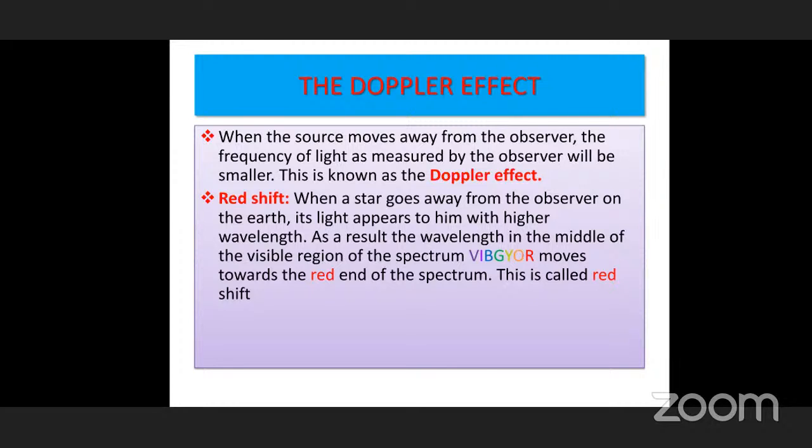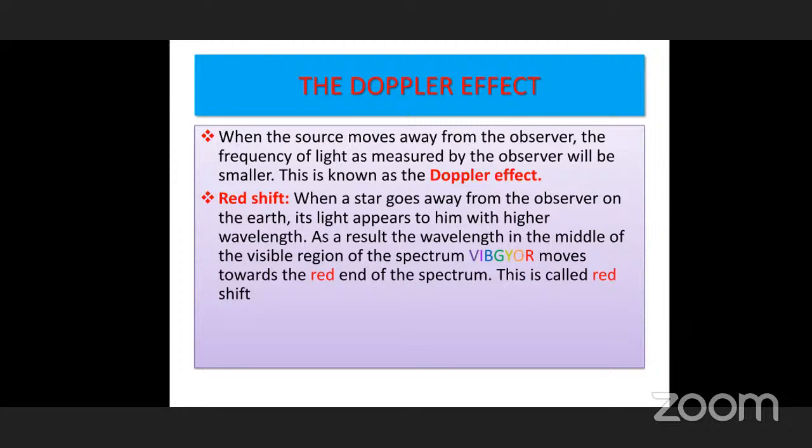We can see stars blinking with a different color. That is one of the reasons for this. This is also mixed with the Doppler effect. So this is known as red shift. Red shift means the wavelength increases towards red. Increased wavelength is red.